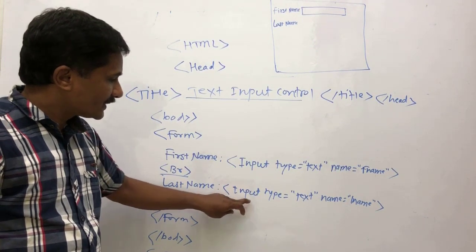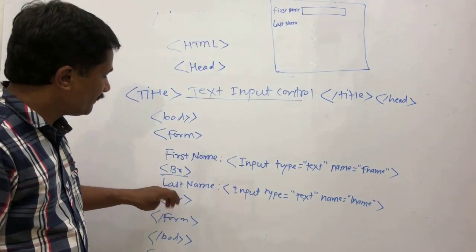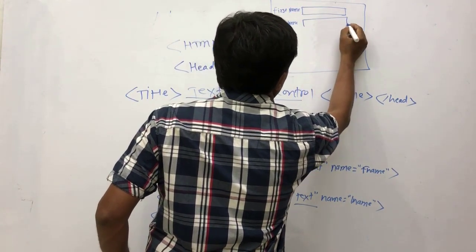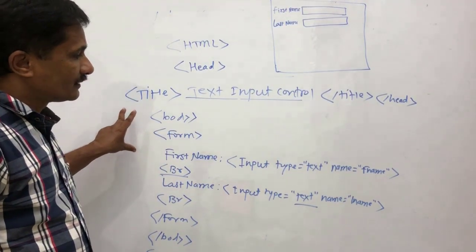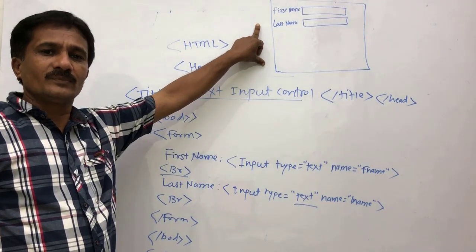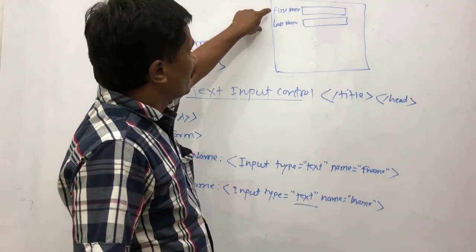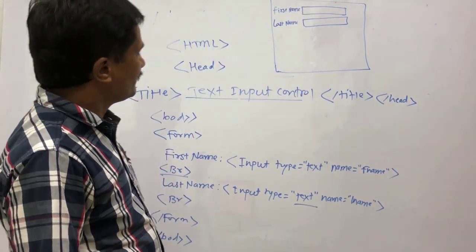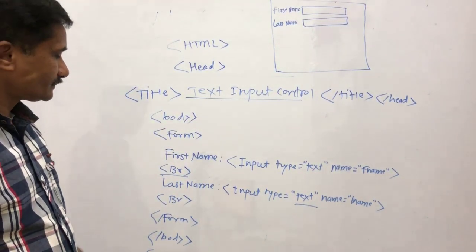After this last name you use input type is equal to text, name is equal to lname. Text means it displays one more text box. The output of this example is like this. This is the basic example of single line text input used to take first name and last name. This is the example of the text input control.